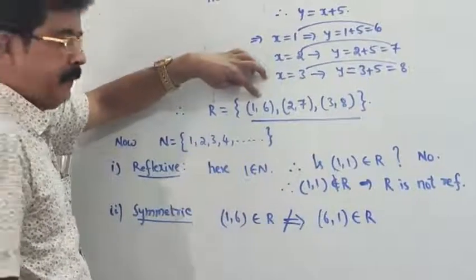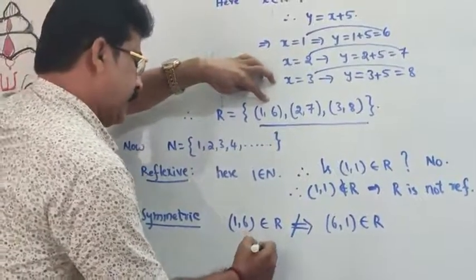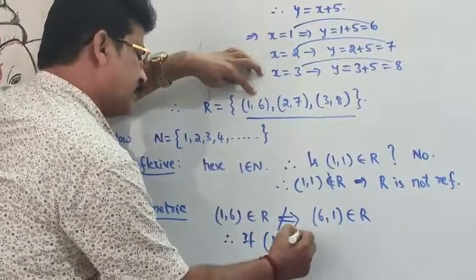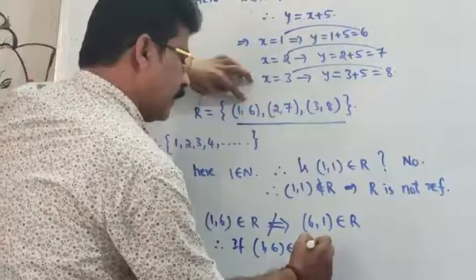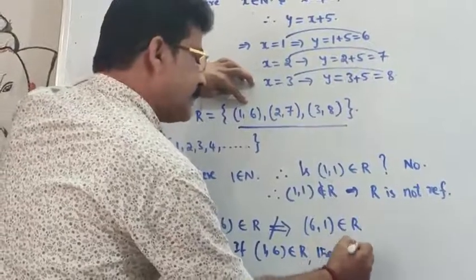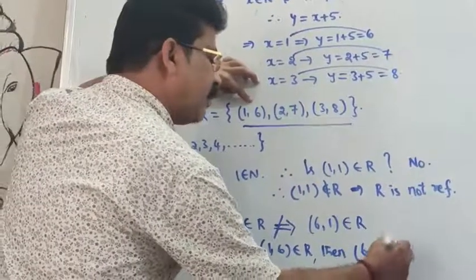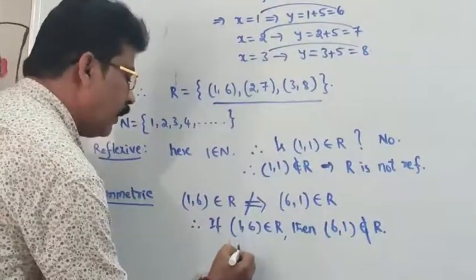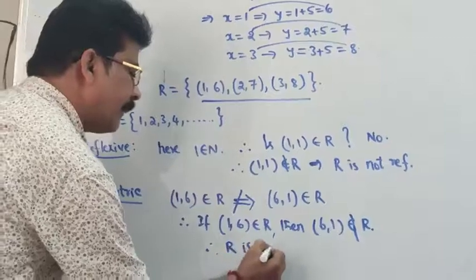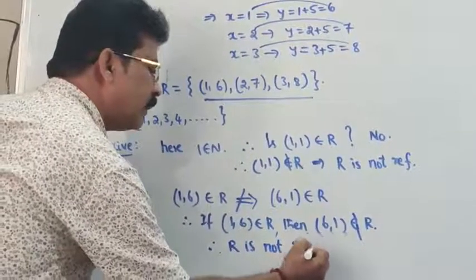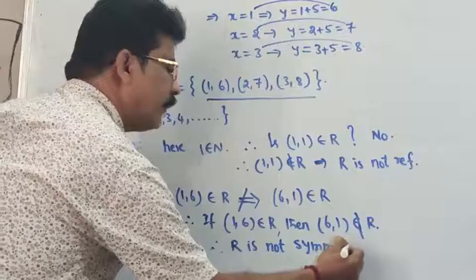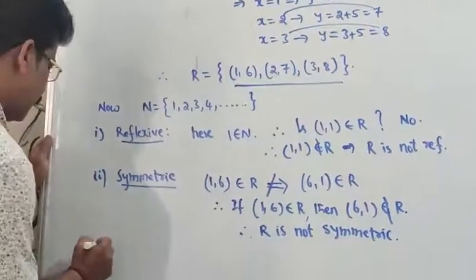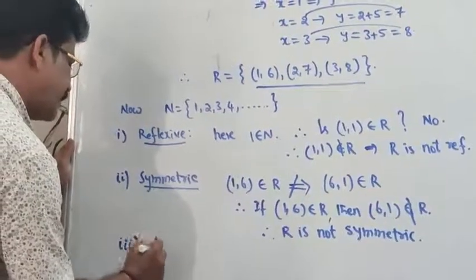No. Therefore, if (1, 6) belongs to capital R, then (6, 1) does not belong to capital R. Therefore, capital R is not symmetric.